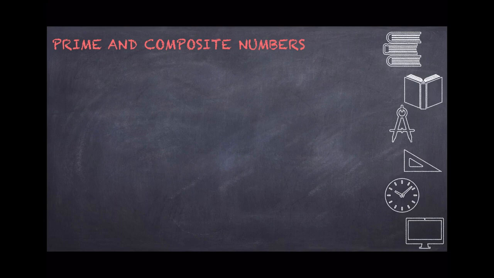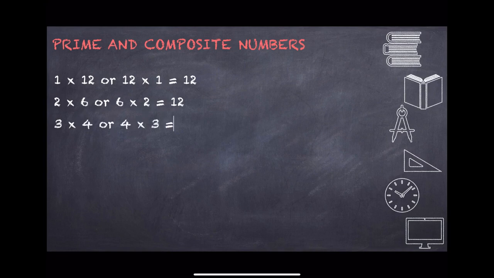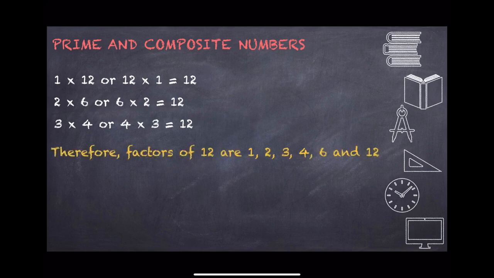We had 1 into 12 or 12 into 1 is equal to 12, 2 into 6 or 6 into 2 is equal to 12, and 3 into 4 or 4 into 3 is equal to 12. So the factors of 12 are 1, 2, 3, 4, 6 and 12. So totally 12 has 6 factors.